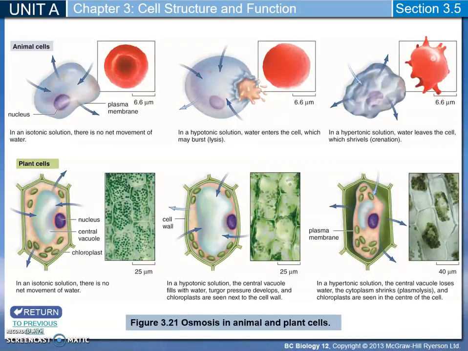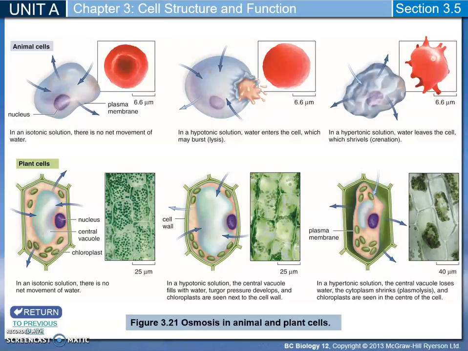Here are some examples of that. We have isotonic, hypotonic, and hypertonic solutions here. With an isotonic solution, there's no net movement of water. With hypotonic, water will enter the cell, and with animal cells, if the concentration difference is high enough, the cell will actually burst.